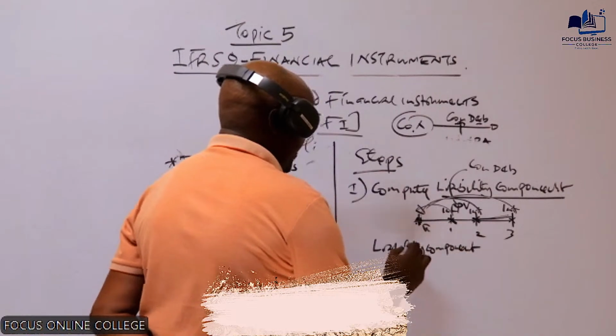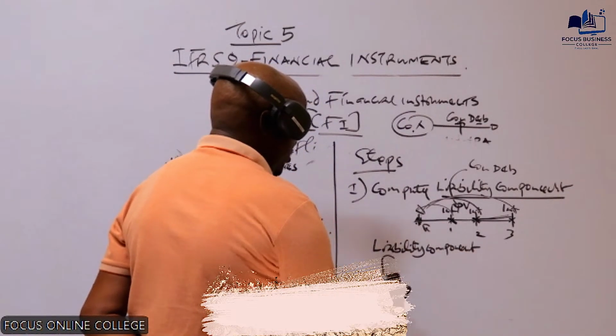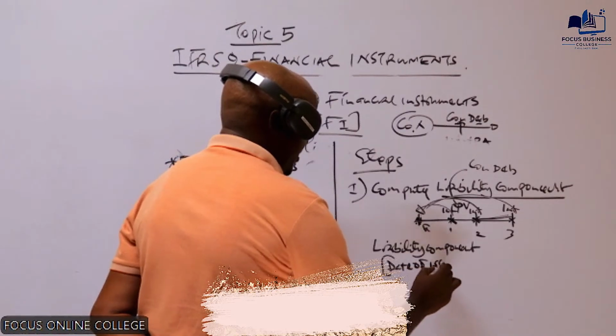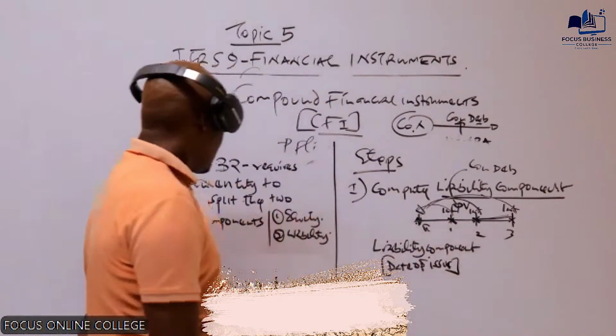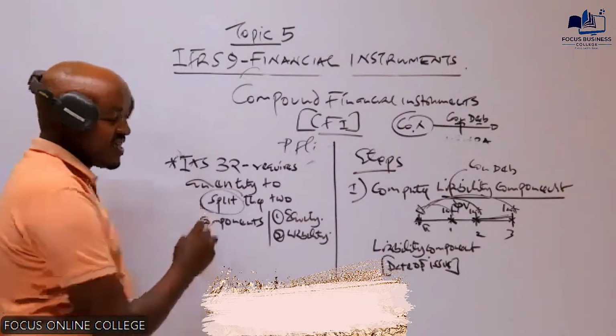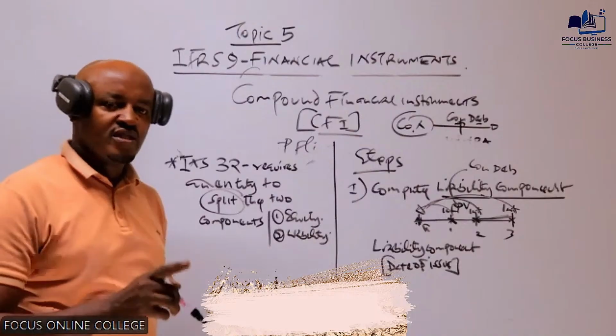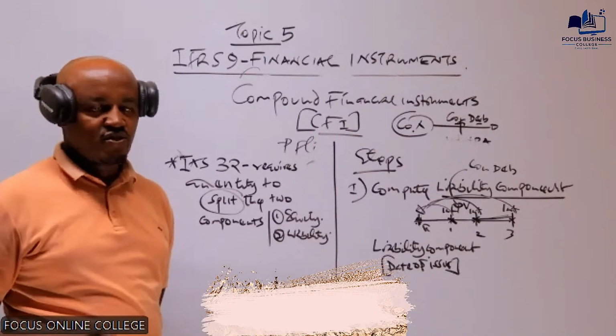This liability component is computed on the date of the issue. In other terms, this split should be done on the date of the issue. If they were issued on 1st January 2023, that is when we split the two components.